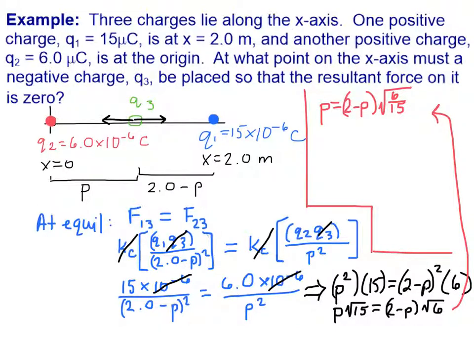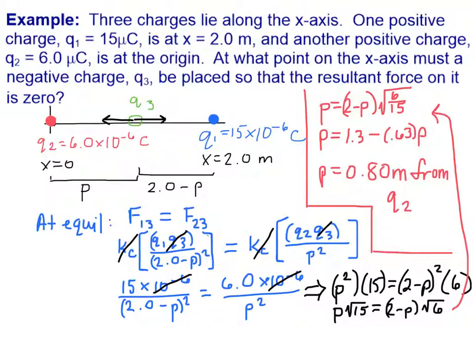And I can actually punch in 6 divided by 15 and take the square root of that on my calculator and then distribute that throughout this term. And I can finish up the algebra here and solve for p. I get 0.80 meters from Q2. That is the location of this charge.